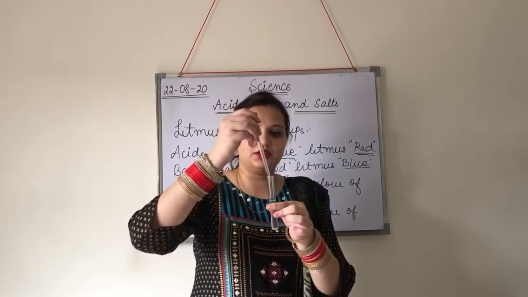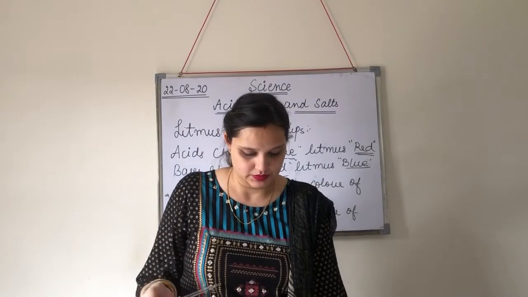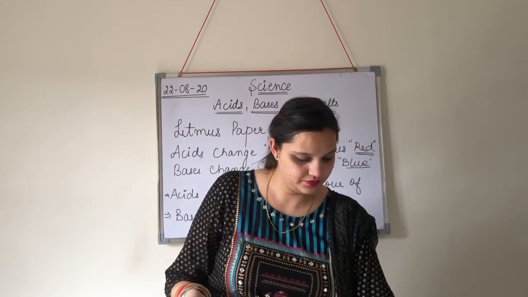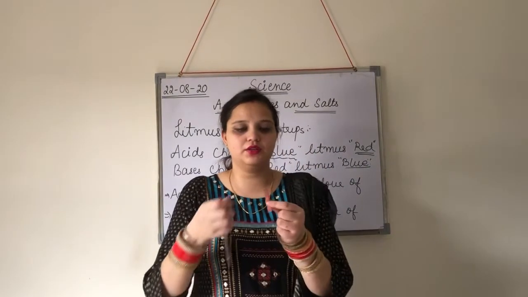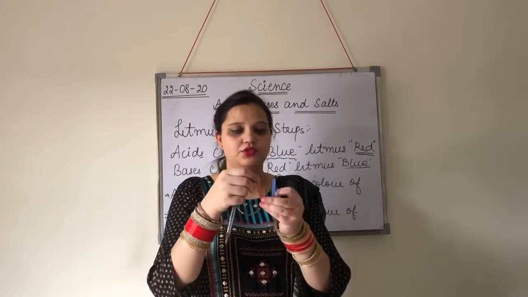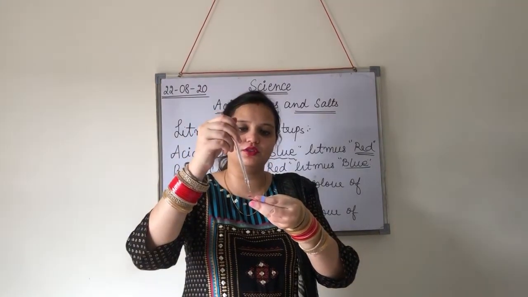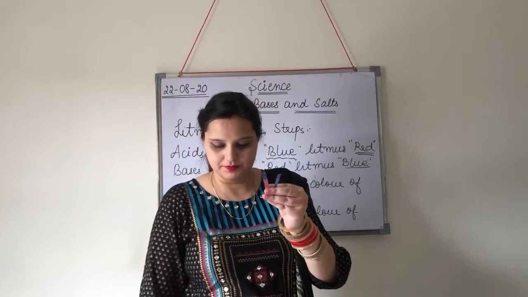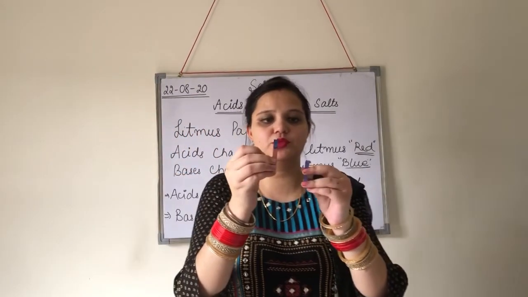Let us take the solution in the dropper and I will be testing with both the strips, the blue one and the red one. So I am just going to pour a drop of this solution on the red and also on the blue. Okay, so I have poured a single drop of this solution on both the litmus strips.